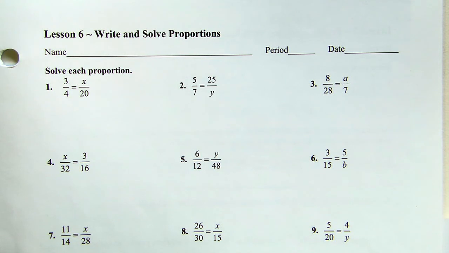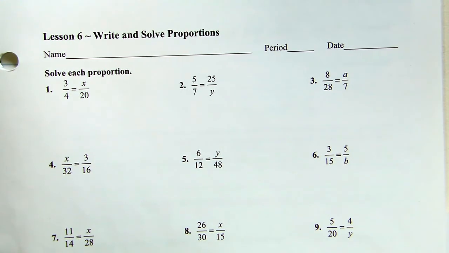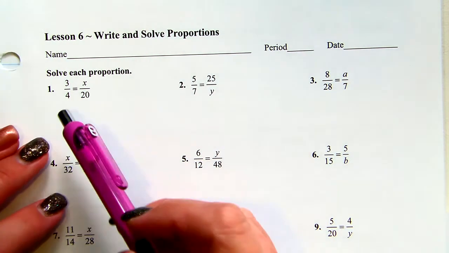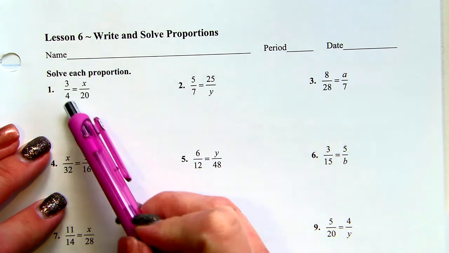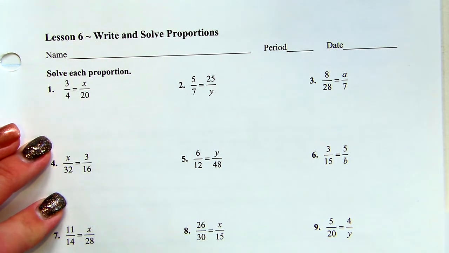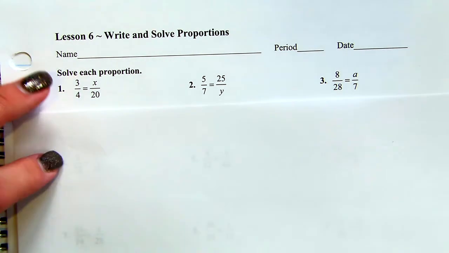So to begin with, if we're getting started with this assignment, we would begin by multiplying, again, 3 times 20 and 4 times x. Now, 3 times 20 gives me 60.